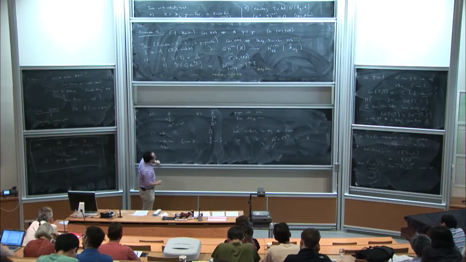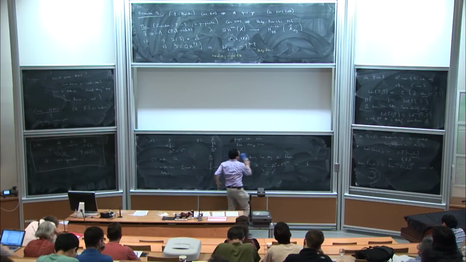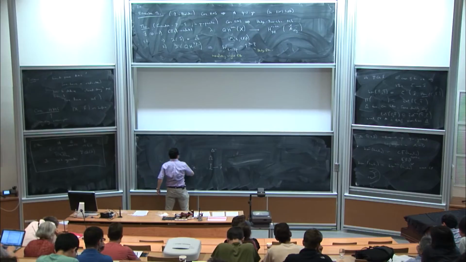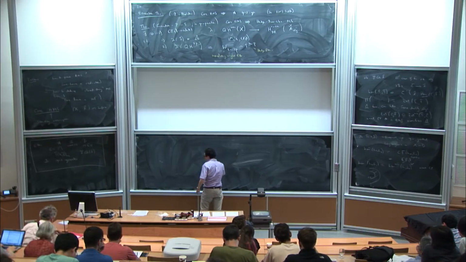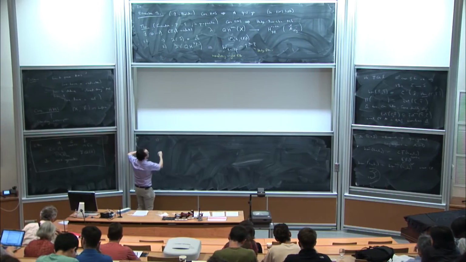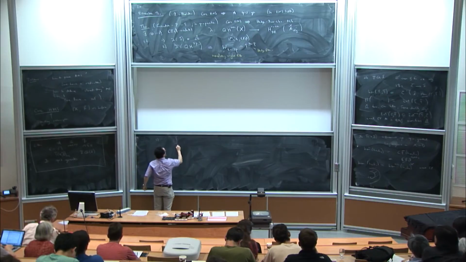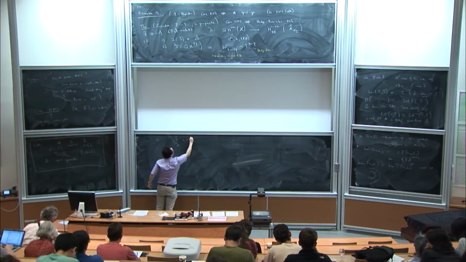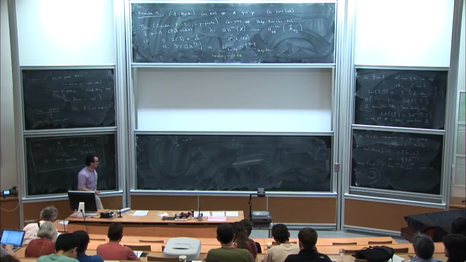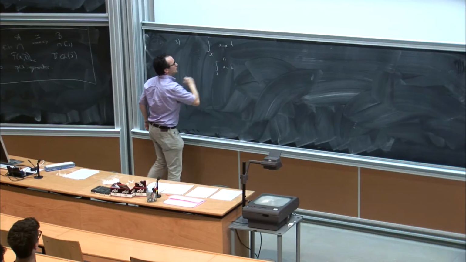A couple more properties. The third is that lambda respects the wedge product pairing. So if I take two elements of quantum cohomology and take their product and integrate, that looks like a quantum product, but it's the same as the classical version.